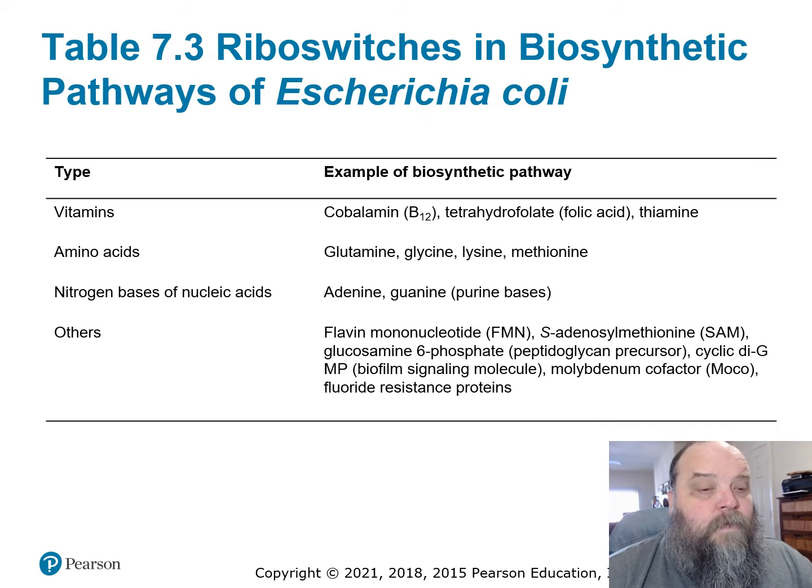We see this with a few metabolic pathways, the pathways for thiamine, tetrahydrofolate, which we know as folic acid, vitamin B12 synthesis. So many of these you see here can turn on, turn off a riboswitch.